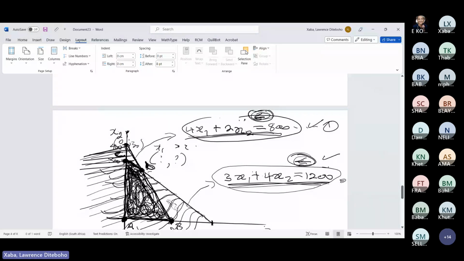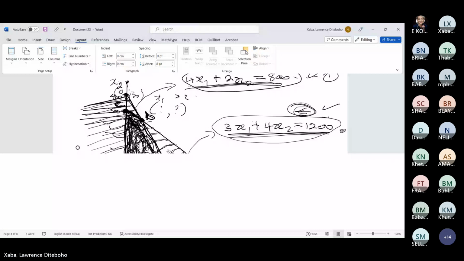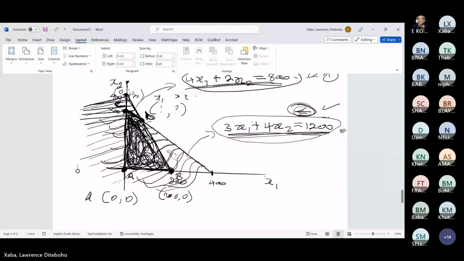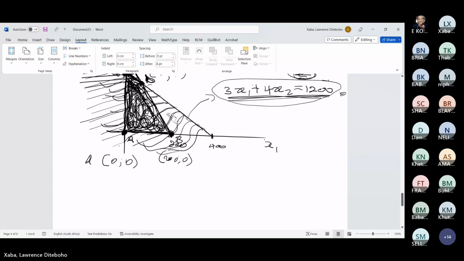So let's apply simultaneous equations to solve our problem. We have 3x1 plus 4x2 equals, and this is the first equation.